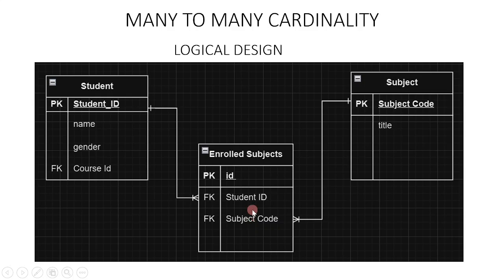Therefore, if a student has enrolled in 3 subjects, there will be 3 subject codes here with the same student ID. Just like with our previous examples.